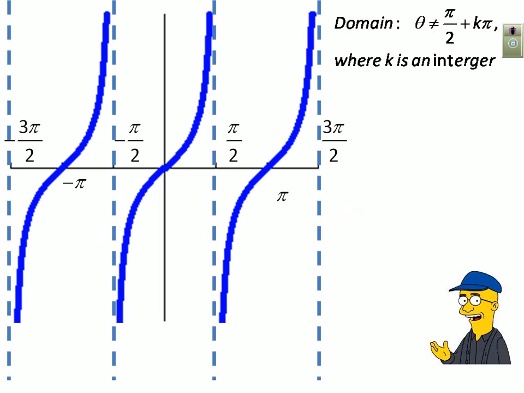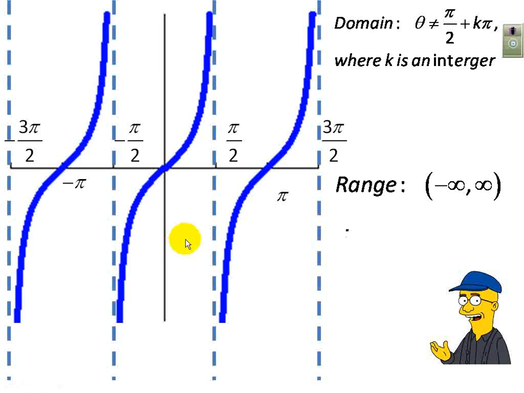Where you have pi over 2 plus an integral multiple of pi, that's where you have an asymptote. So asymptotes occur there. Now the range, negative infinity to infinity. There's no restriction. Tangent goes from negative infinity to infinity.